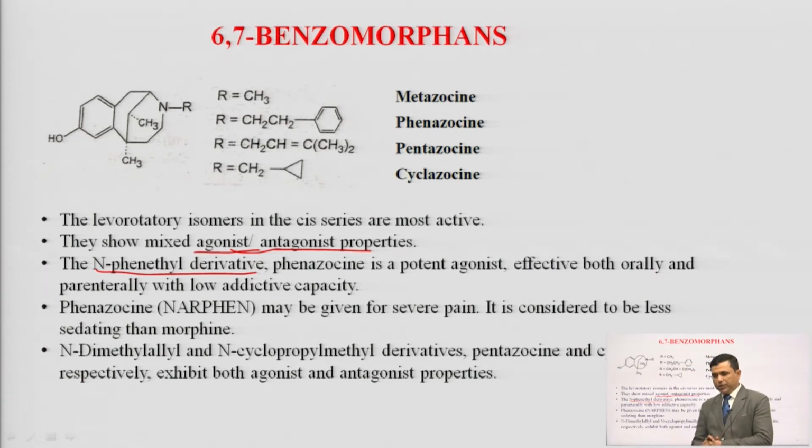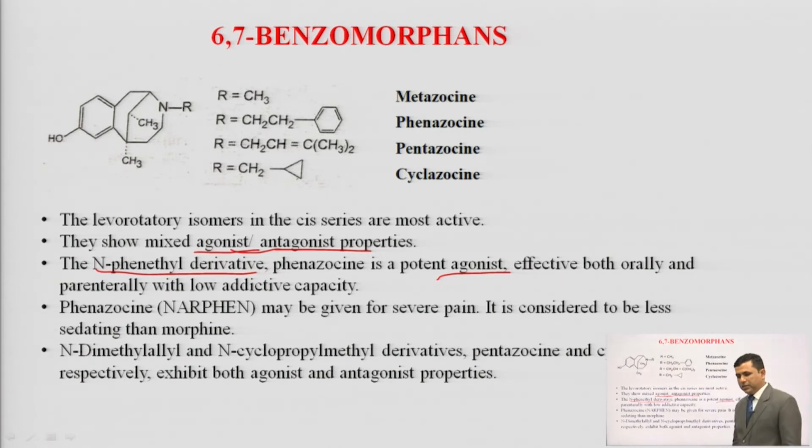Phenazocine is a potent agonist both orally as well as parenterally. It may be given for severe pain, not acute pain, and it has one characteristic feature: it is less sedative than morphine.